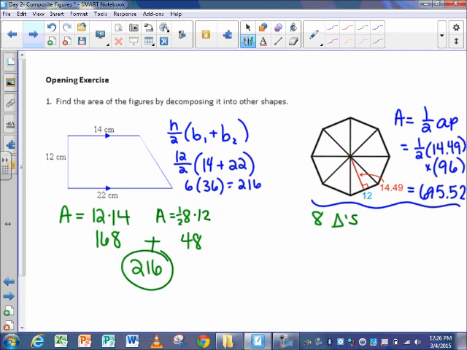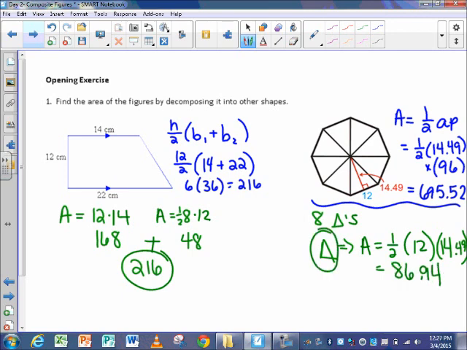Well, each triangle has an area of 1/2 base times height. So if each triangle has an area of 1/2 base times height, then each triangle, I'm typing off screen, has an area of 86.94.